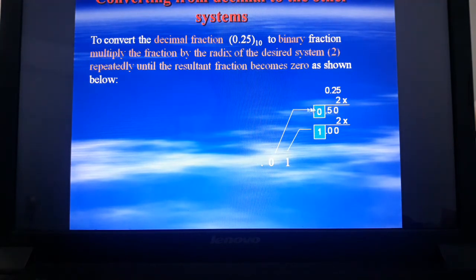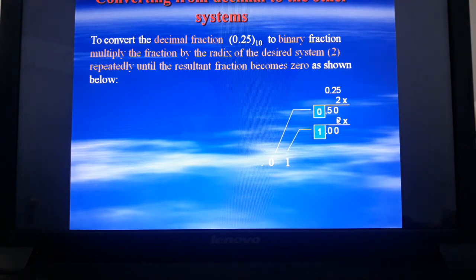We take the 0 as the first digit in the fraction to the right of the decimal point or binary point.